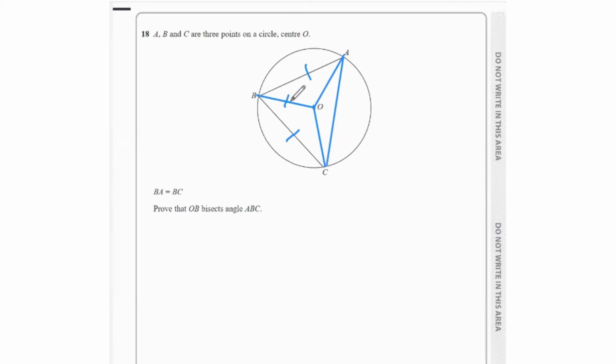OB is equal to OA equal to OC, and they're all the radius. First thing. Now we have to prove that OB is bisecting this angle. So if the lengths are the same for all three triangles, triangle OAB, triangle OBC, and OAC, wouldn't the angles also be the same?